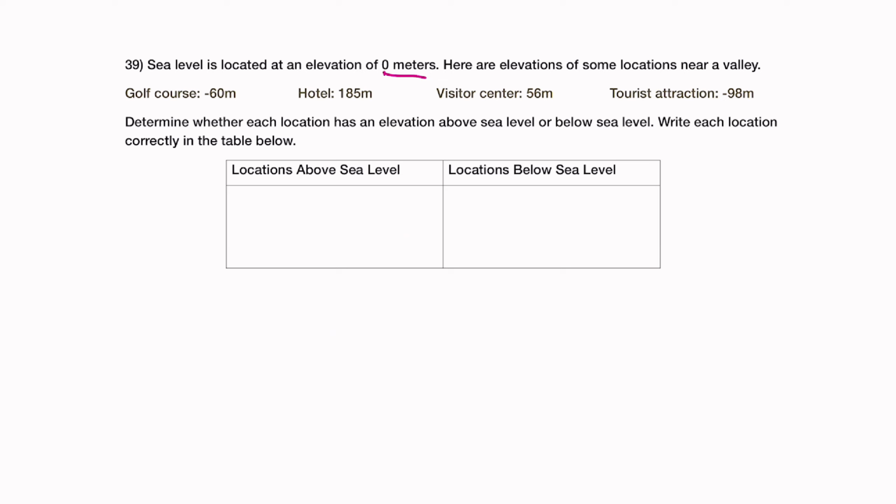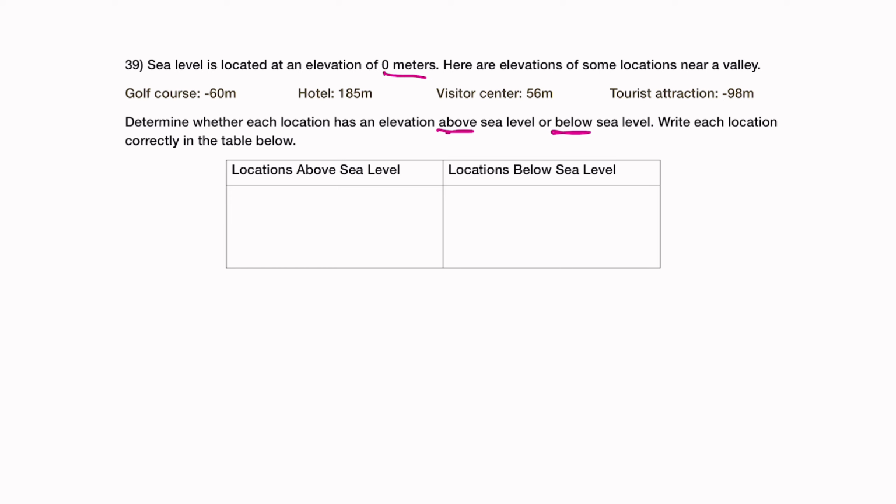Determine whether each location has an elevation above sea level or below. What does that mean? Above and below. Above would be positive and below would be negative, right? Write each location correctly in the table below.